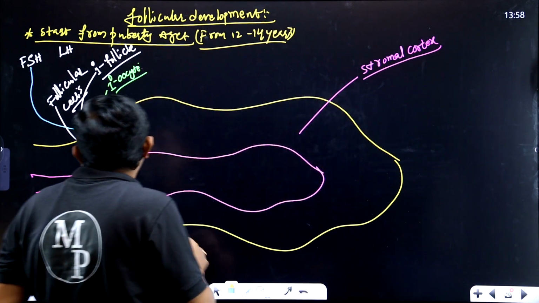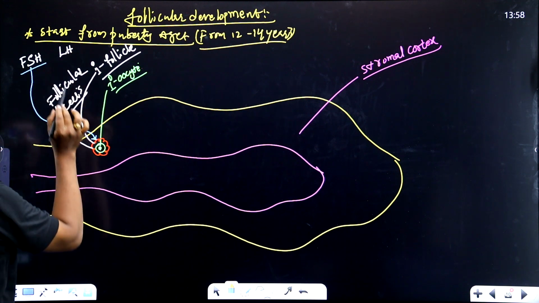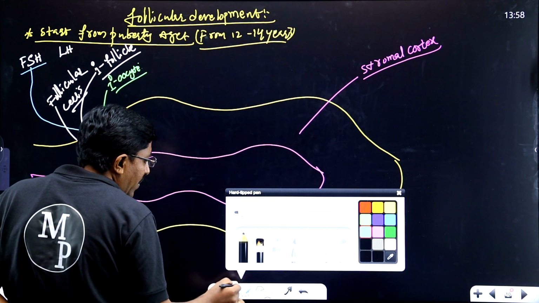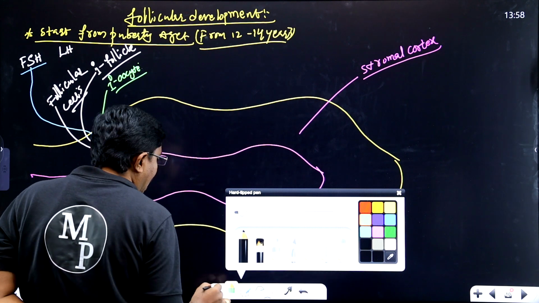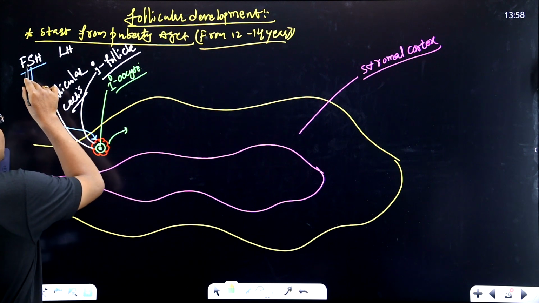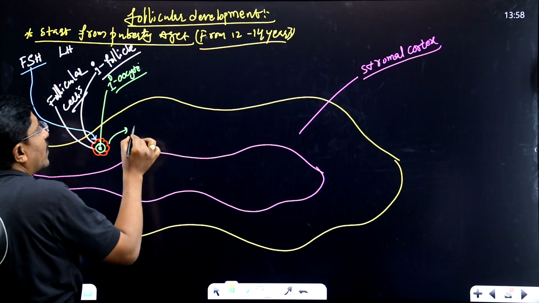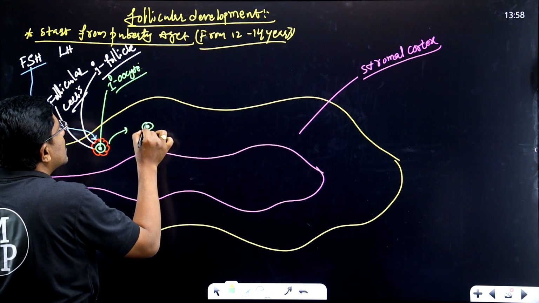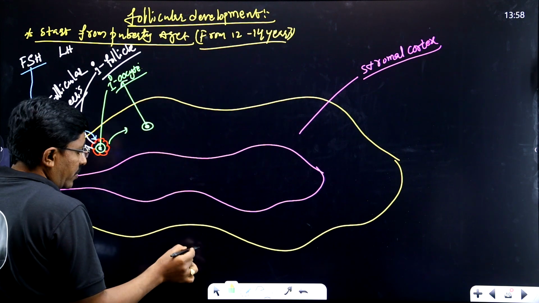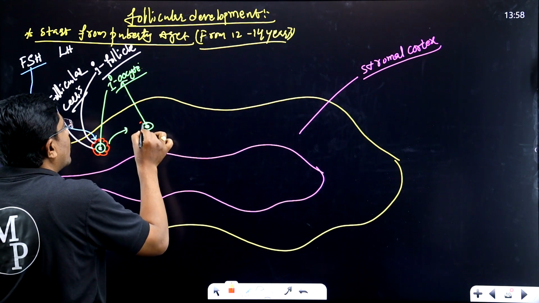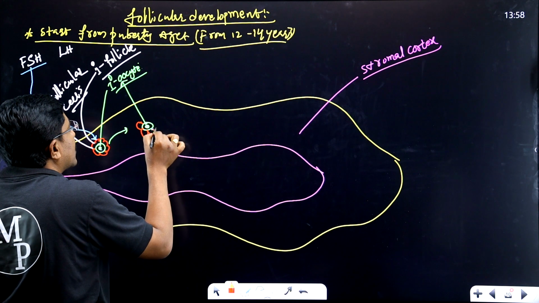The follicle stimulating hormone stimulates the primary follicle, and the primary follicle gradually increases in size. Again, the number of follicular cells increases. It is still the primary oocyte, and surrounding it the number of follicular cells will increase.